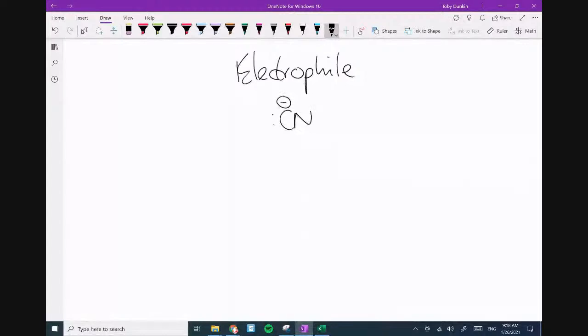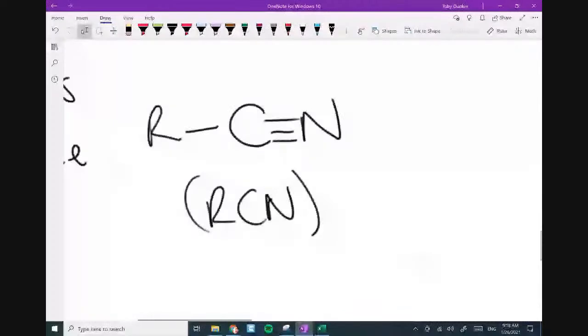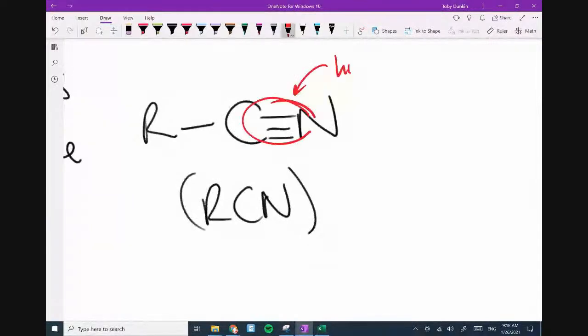Electrophiles are electron pair acceptors. Is a negative thing going to go anywhere near that triple bond? No, we know that this is a region of high electron density. We need to attack this with a nucleophile.